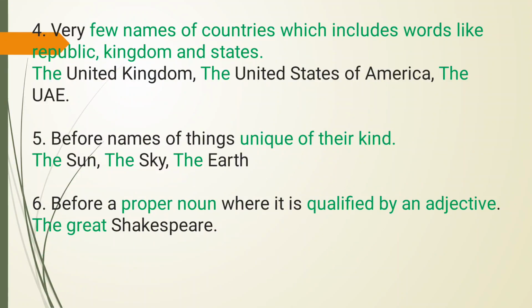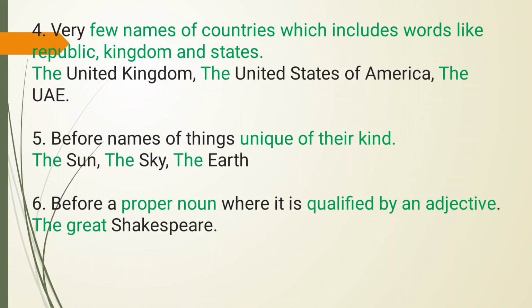Very few names of countries include words like republic, kingdom and states. Yes, in English, we use the if a country has a political title in its name or if it refers to a group of islands.